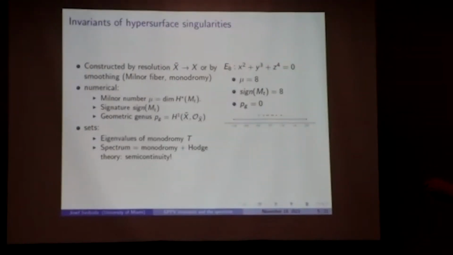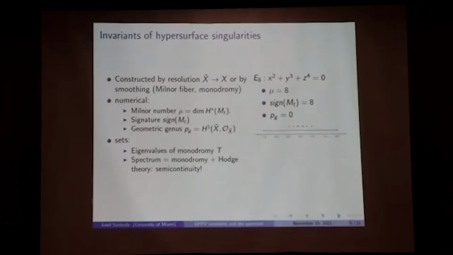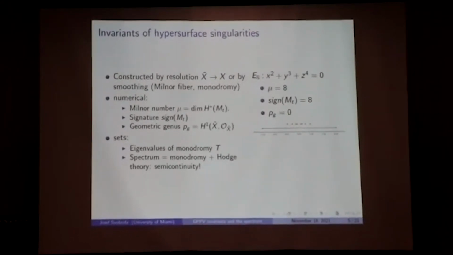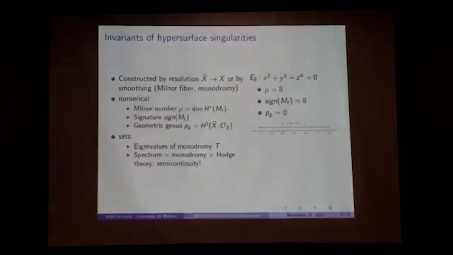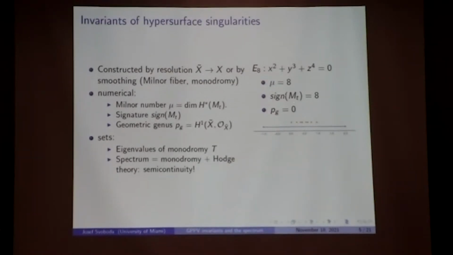So if you take the E8 singularity, which is x squared plus y cubed plus z fifth, then the Milnor number is 8, which is also here, right? So this means that there is an 8-dimensional lattice of the middle dimensional homology. Signature is also 8, yeah, because this is a positive definite lattice, and the geometric genus is just 0.